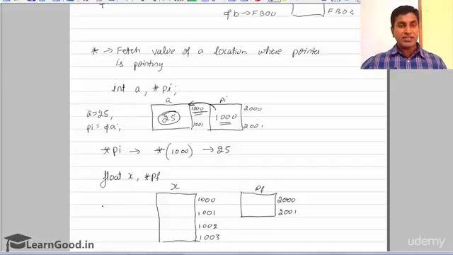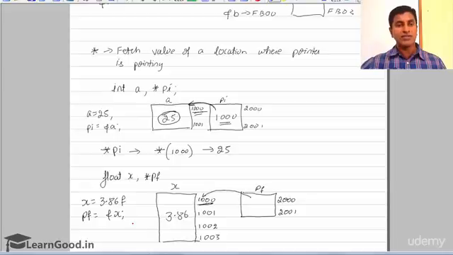Inside x, I'll store a floating point value by giving x is equal to 3.86f, so 3.86 is stored in these 4 bytes. I want pf to point to x, which means the starting address has to be stored inside pf. You do that by giving pf is equal to ampersand of x. The ampersand gives the starting address, which is 1000, and 1000 is stored inside pf.